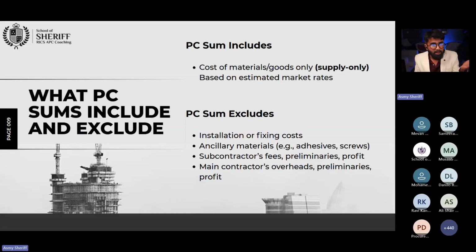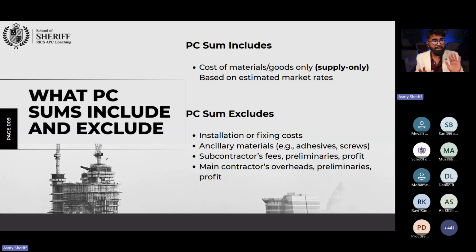I mentioned preliminaries, right? General items required to execute the work, your profit, your main contractor's overhead, preliminaries and profit, nothing will be included in it. But if it is a provisional sum, you have a chance for a defined provisional sum where you should have considered the prices and everything within your preliminaries. So that's what we call prime cost.